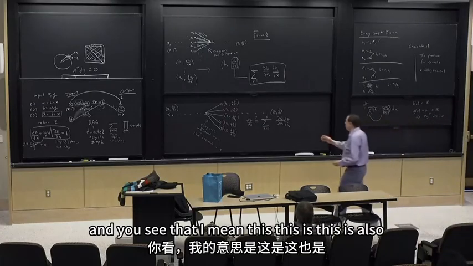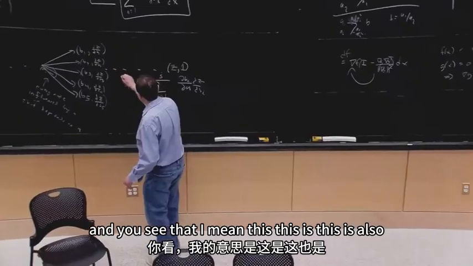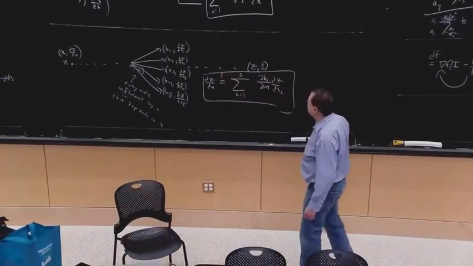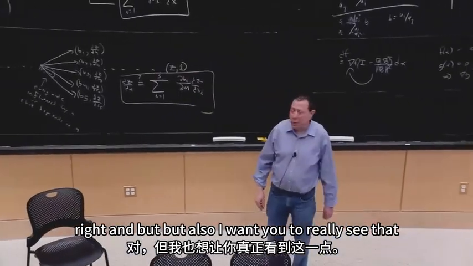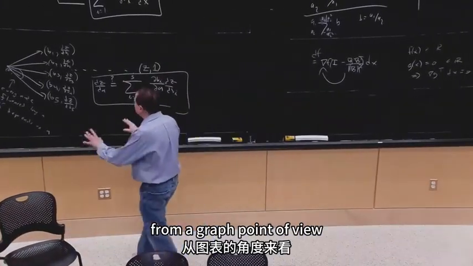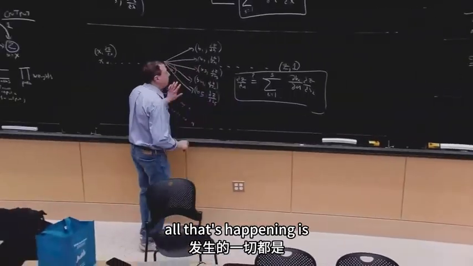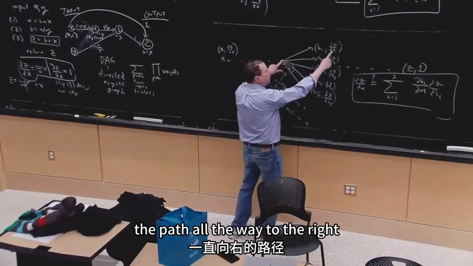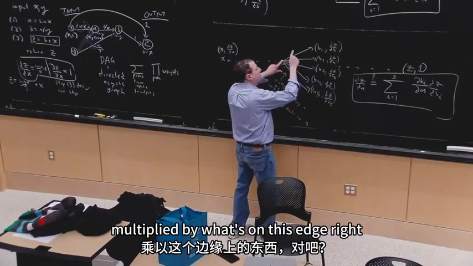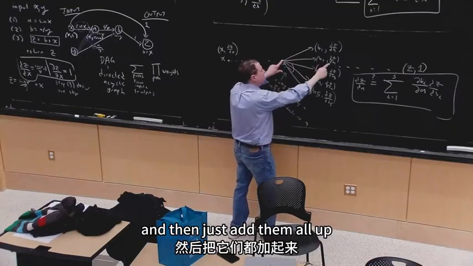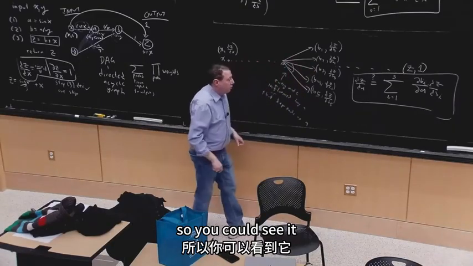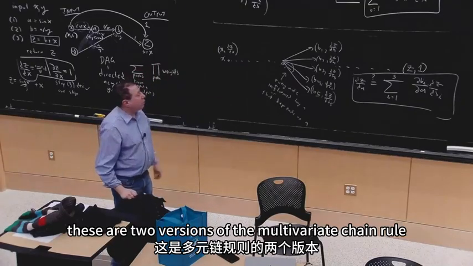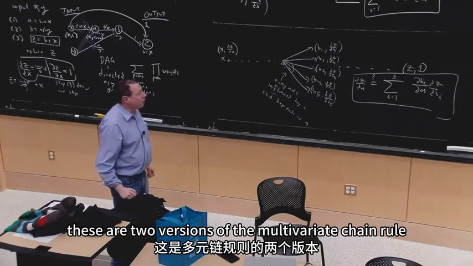And you see that this is also a chain rule. But I also want you to really see that from a graph point of view, all that's happening is we're making sure that what we put here is the path all the way to the right multiplied by what's on this edge, and then just add them all up. You could see it the calculus way as two versions of the multivariate chain rule.